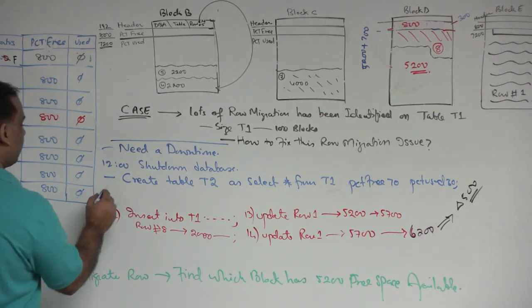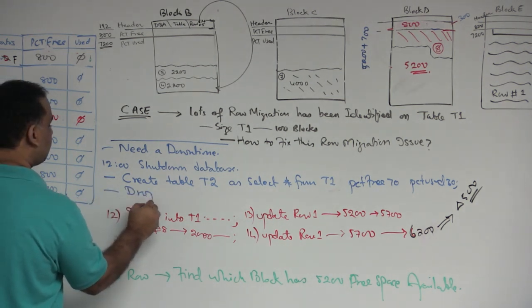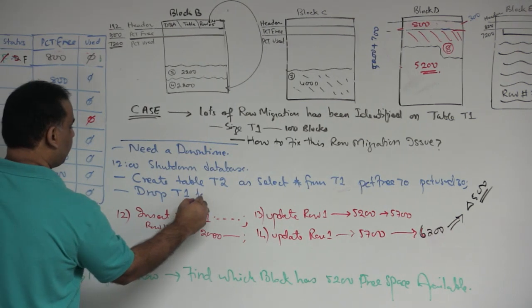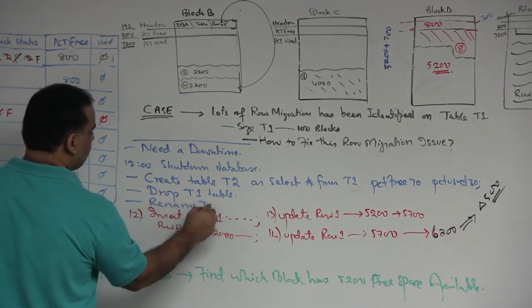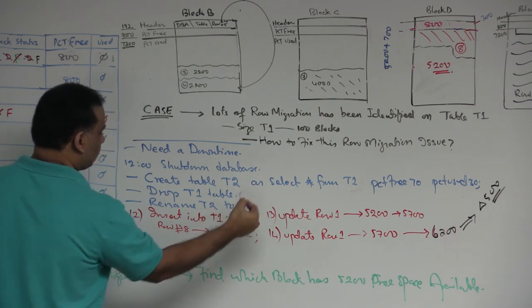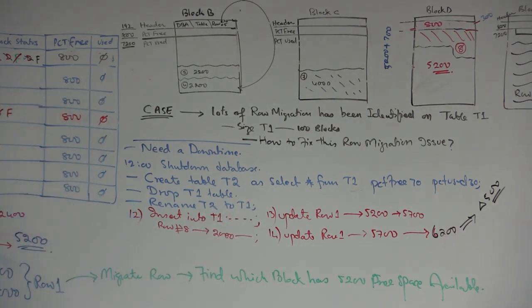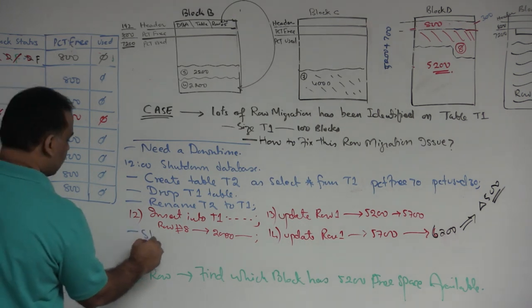At this time, we will say drop T1 table, then rename T2 to T1. And then once everything is done, start up database.